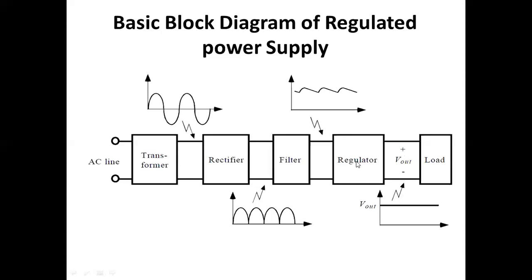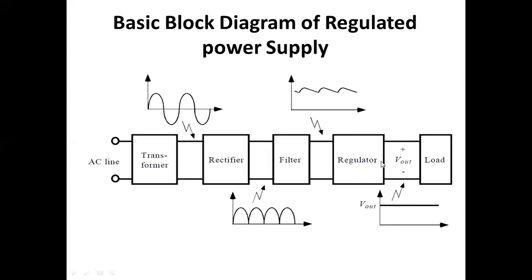The regulator determines what amount of voltage is to be produced from the input towards the output. If V input is suppose 110 volts, then V output should be a lower value.